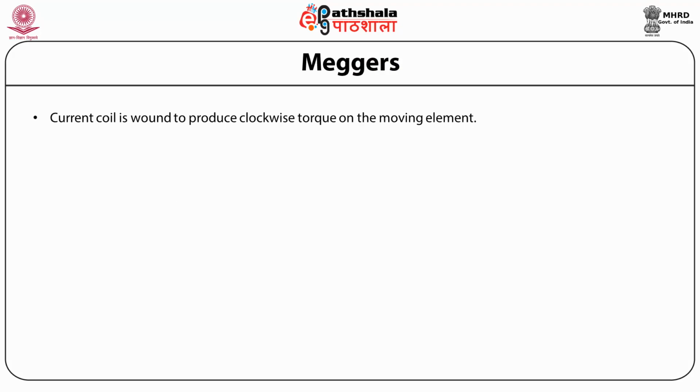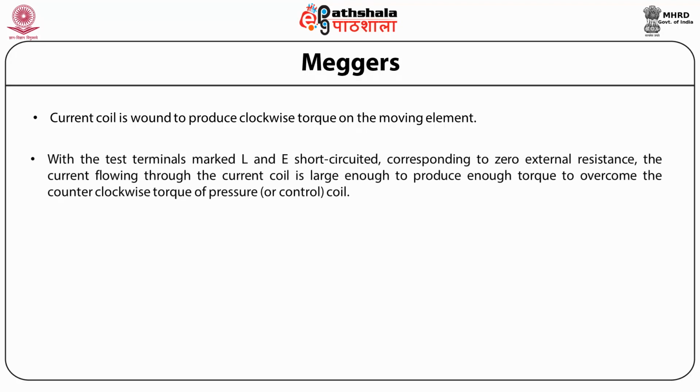The current coil is wound to produce clockwise torque on the moving element, with the test terminals marked L and E short-circuited, corresponding to zero external resistance. The current flowing through the current coil is large enough to produce enough torque to overcome the counterclockwise torque of the pressure coil.